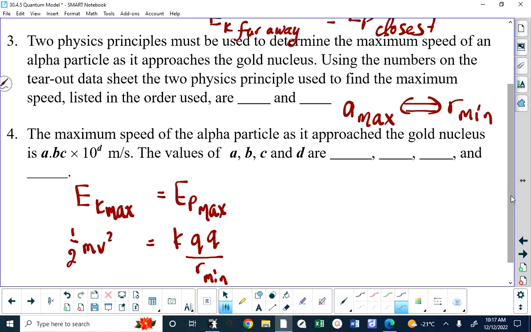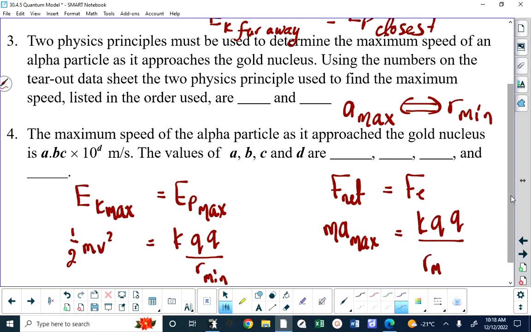It's when the alpha particle gets as close as possible to the nucleus that it's repelled the most. And that means that we can say F net equals Fe and have mass times the maximum acceleration equals k times q over the minimum distance squared.